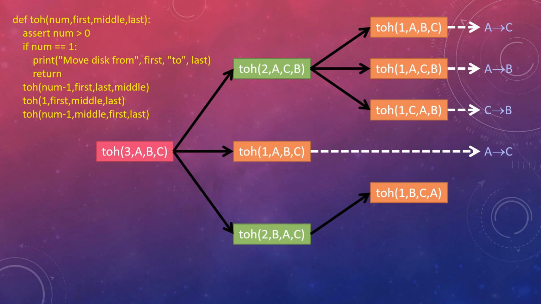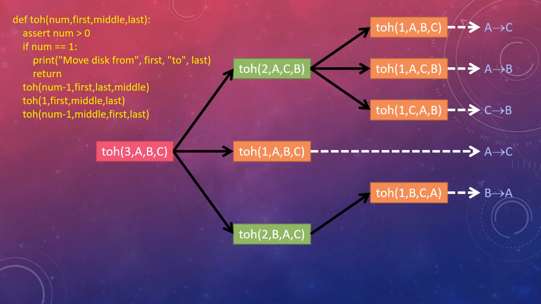The auxiliary peg is A and the source is B. So in the first recursive call generated by the bottom green box, we are taking one disk from B to A. This will generate into a move B to A. The first recursive call is complete.